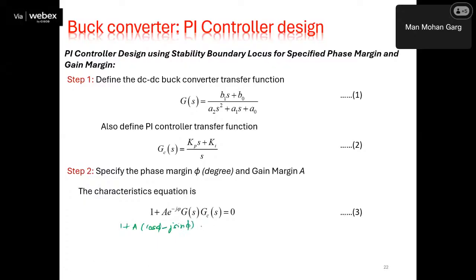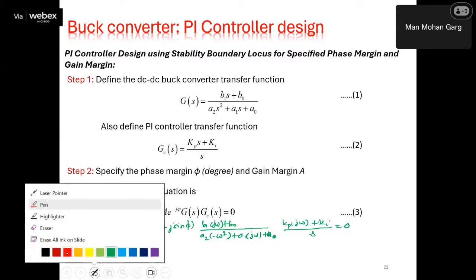What is GS? GS is (b1 j omega plus b0) upon a2 s squared, that is minus omega squared plus a1 j omega plus a0. And what is GCS? KP plus KI upon s, that is KP j omega plus KI upon s. That should be 0, right? So this is the equation.